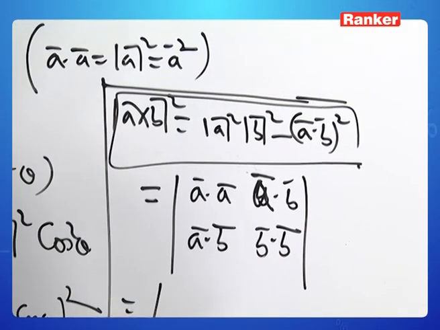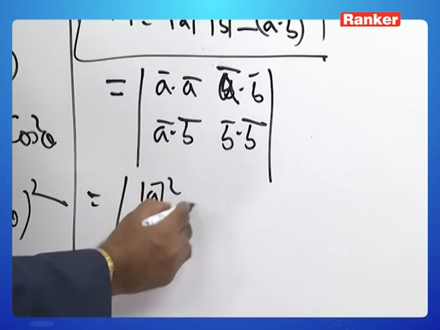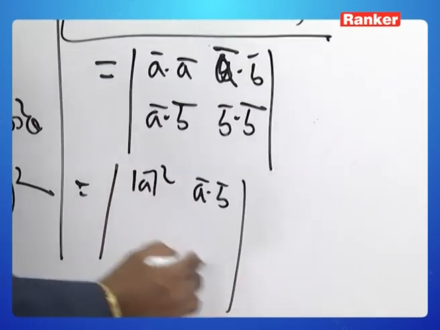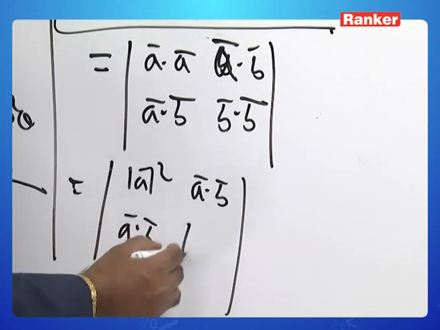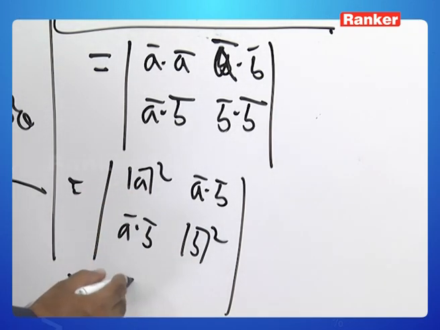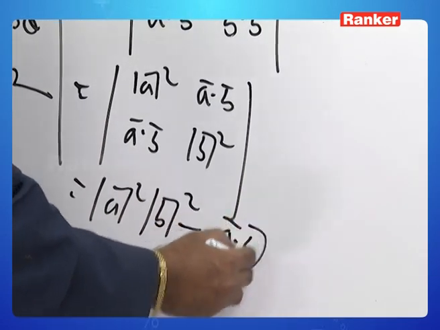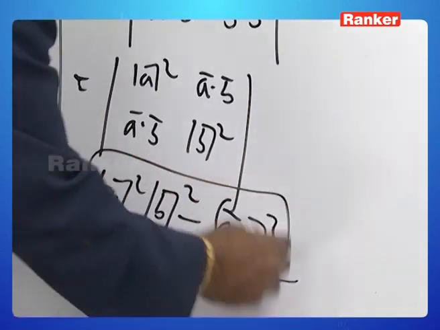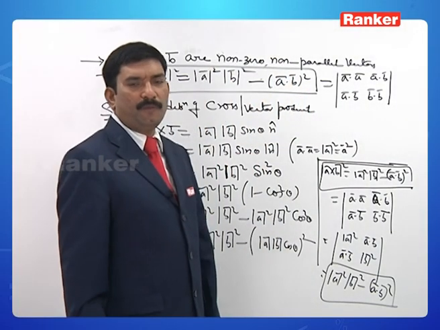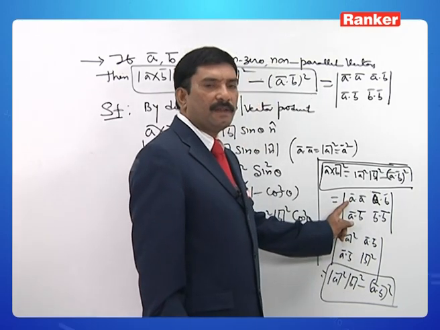This becomes mod A whole square mod B whole square minus A bar dot B bar whole square. So therefore, instead of writing like this, I wrote directly here.